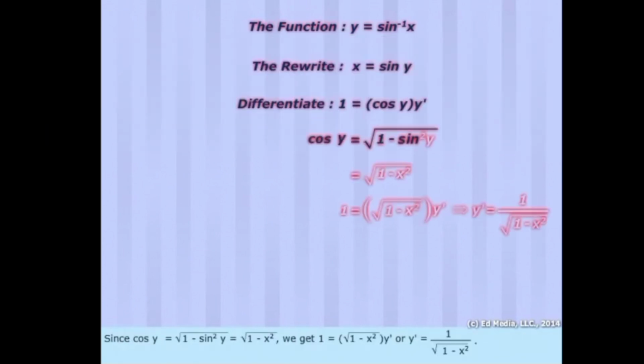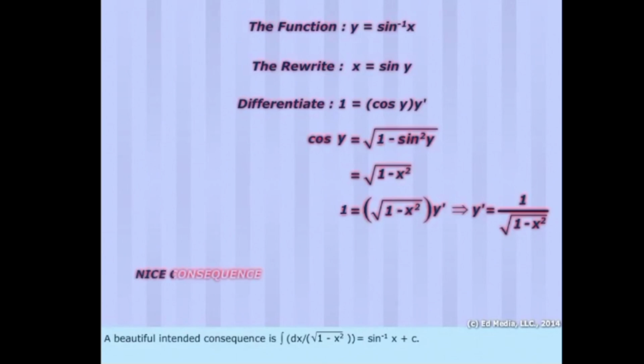Since cos y equals the square root of 1 minus sine squared of y, which equals the square root of 1 minus x squared, we get 1 equals the square root of 1 minus x squared times y prime, or y prime equals 1 over the square root of 1 minus x squared. A beautiful intended consequence is the integral of dx over the square root of 1 minus x squared equals the inverse sine of x plus c.